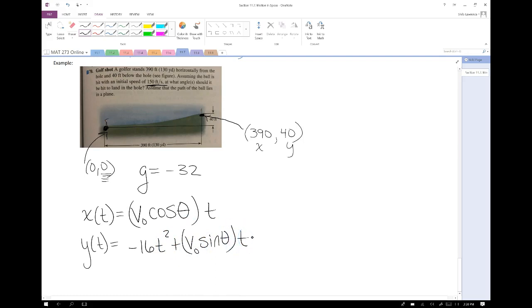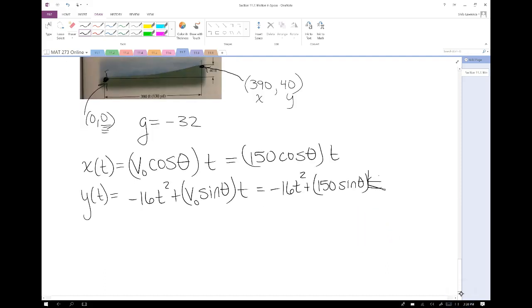And our initial height is 0, so you could say plus 0 if you want to, but we don't need it. And we do know our initial velocity is 150 feet per second. So we really have 150 cosine theta t and -16t squared plus 150 sine theta t for our two functions.